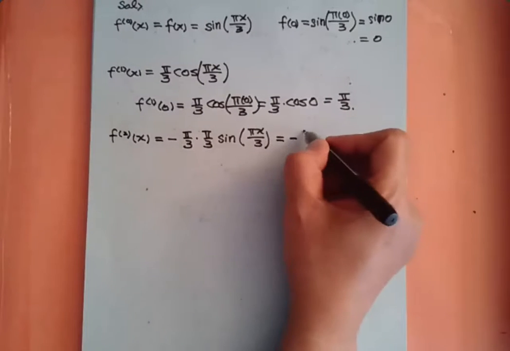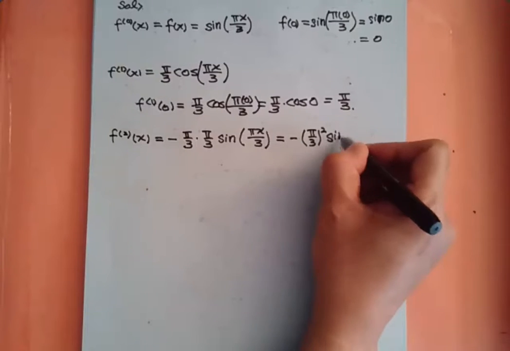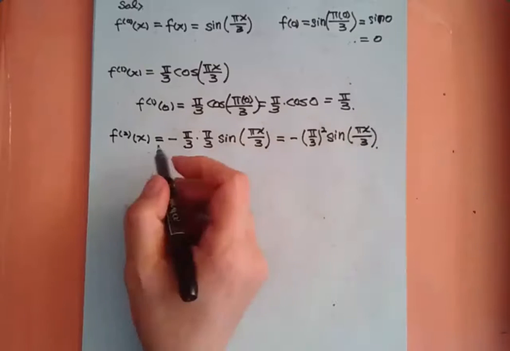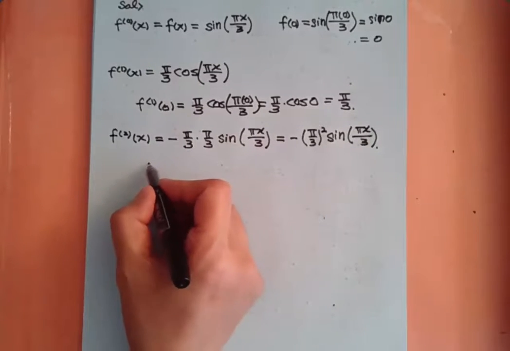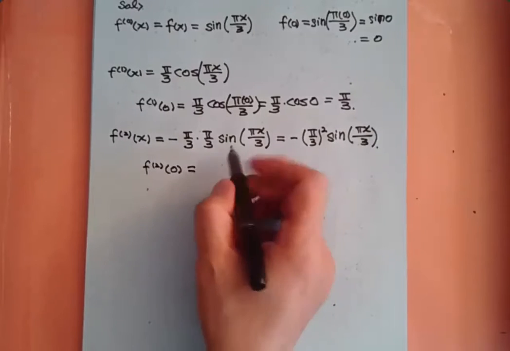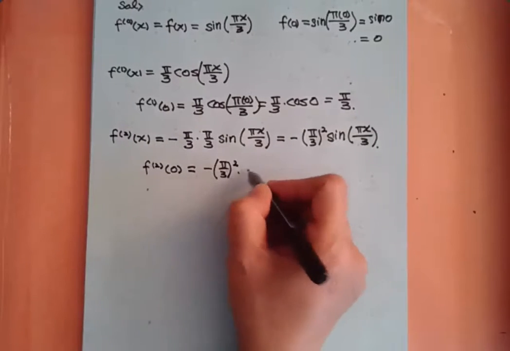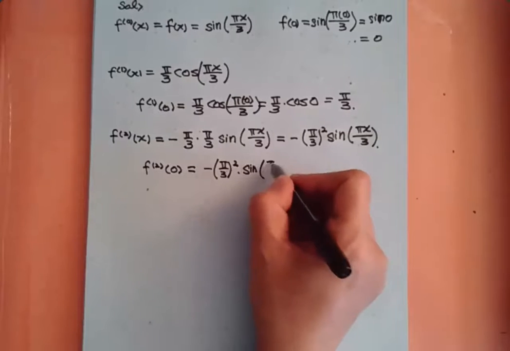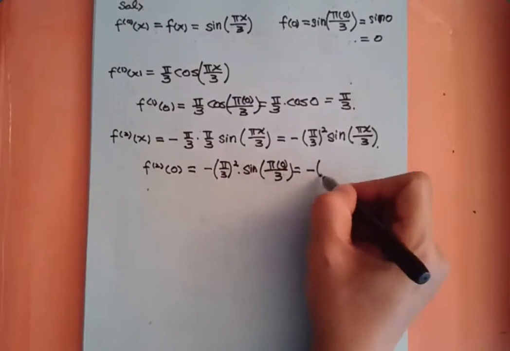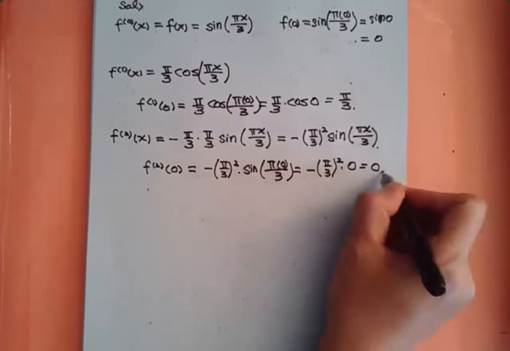So that is minus pi over 3 squared sine of pi x over 3. So the second derivative of f at 0 equals minus pi over 3 squared times sine of pi times 0 over 3, equals minus pi over 3 squared times 0, equals 0.